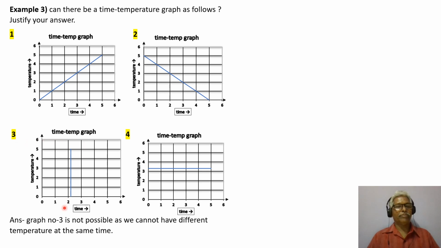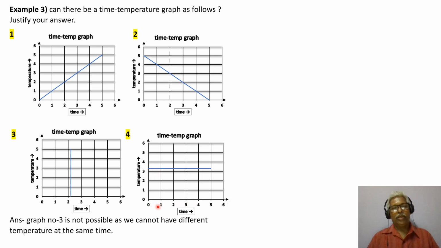Graph number 3 is time again on the x-axis, temperature on the y-axis. Now at the same time, you cannot have different temperatures. So this is not possible. And the fourth one is temperature on the y-axis again, and time on the x-axis. At different times you can have the same temperature.